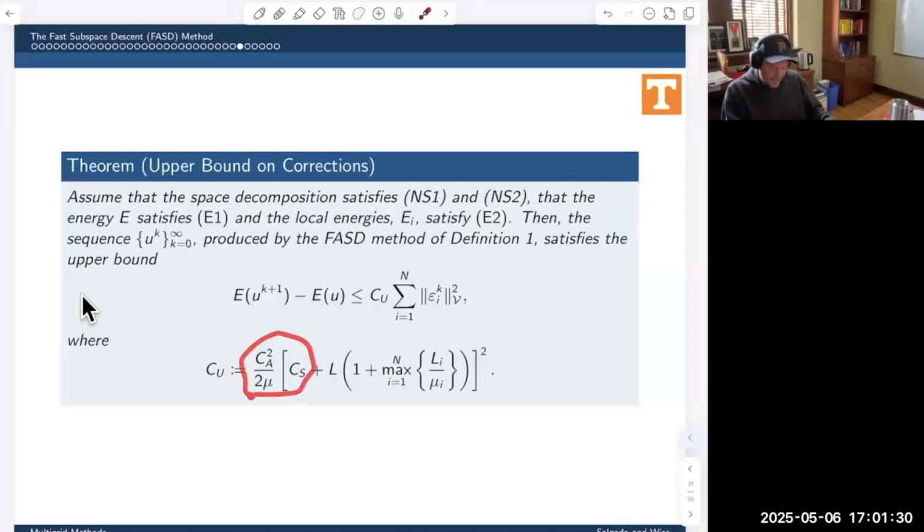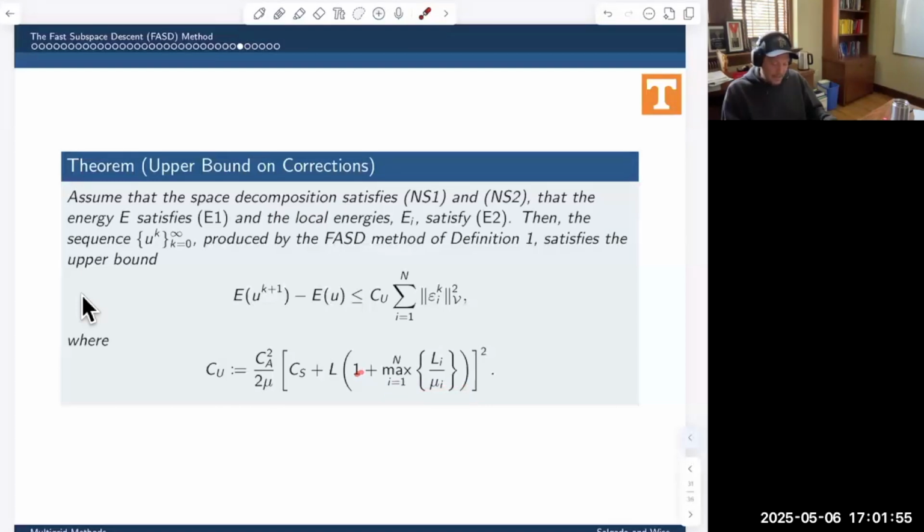SSO was just that bit, and this has a lot more, right? Because it has this bit here. But roughly speaking, like I said before, we could choose this so that it's roughly 1. That's not out of the question.